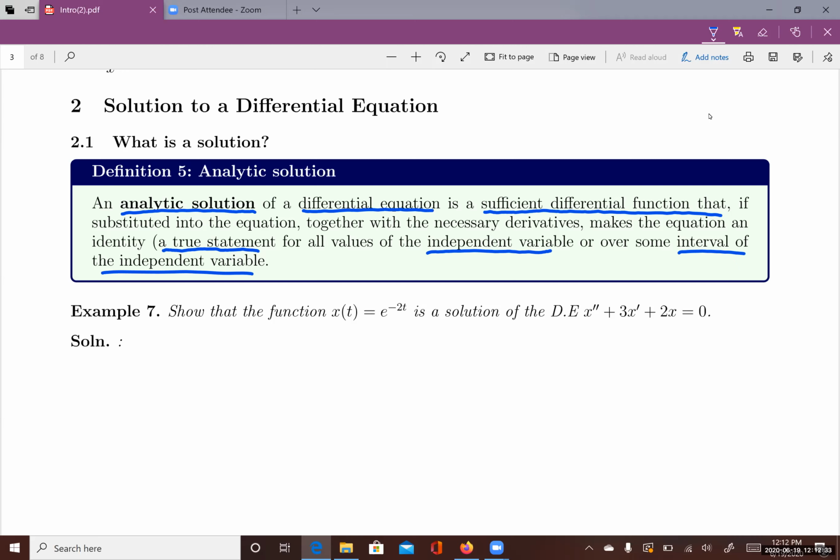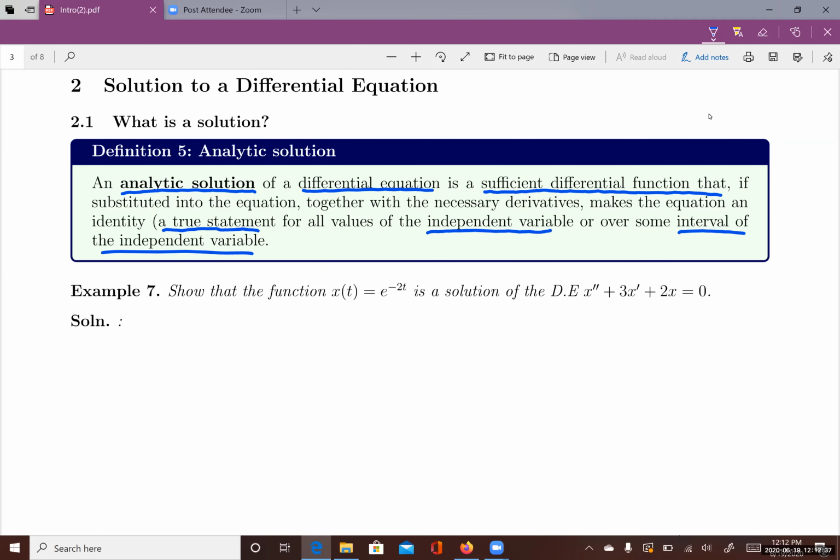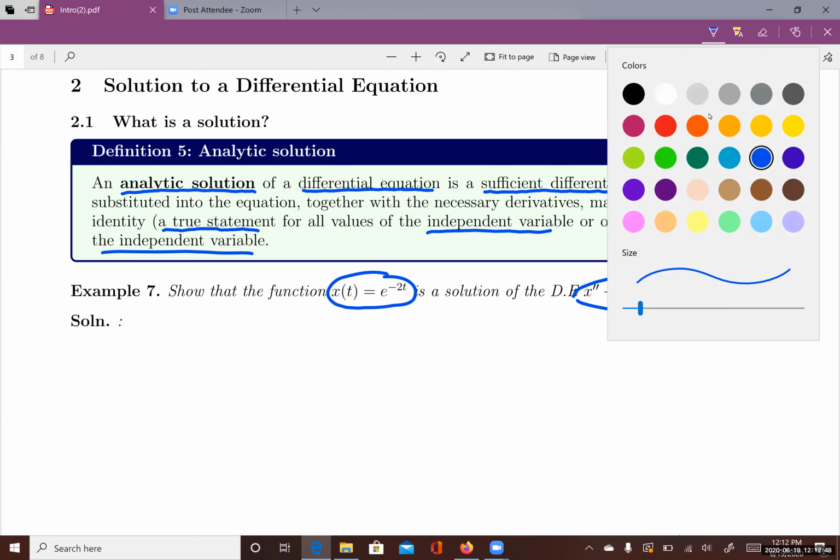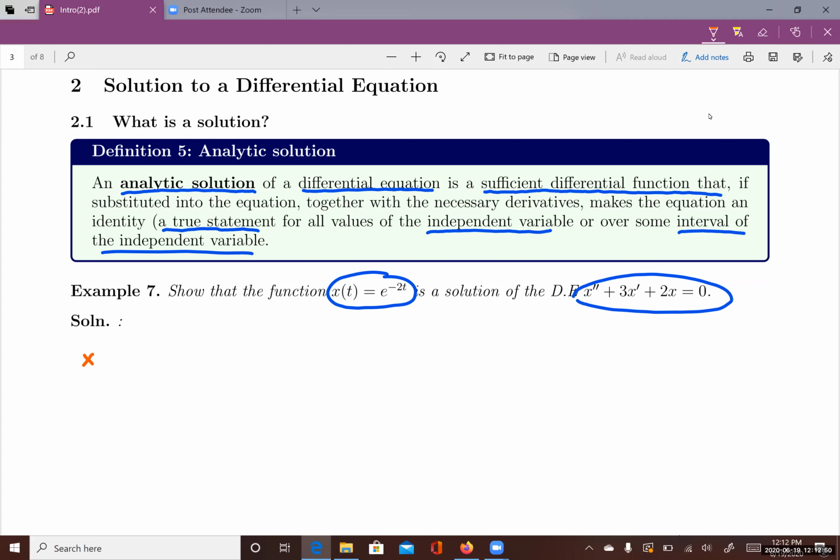Well, let's look at example number 7. You're given a differential equation and you want to show that this is a solution to this differential equation. Okay. Say I want to verify x of t equals e to the -2t is a solution to this differential equation, then what should I do?